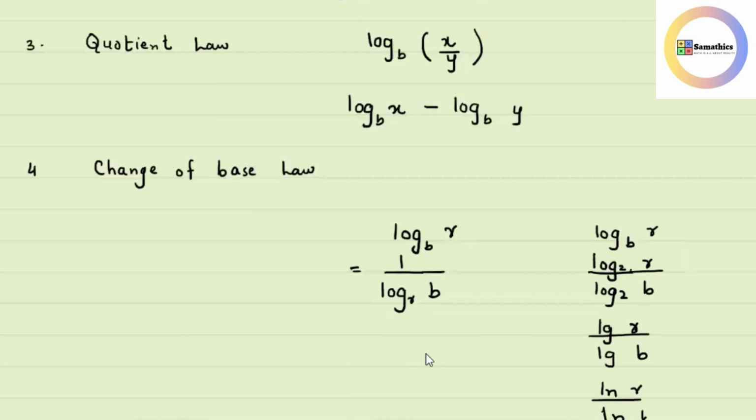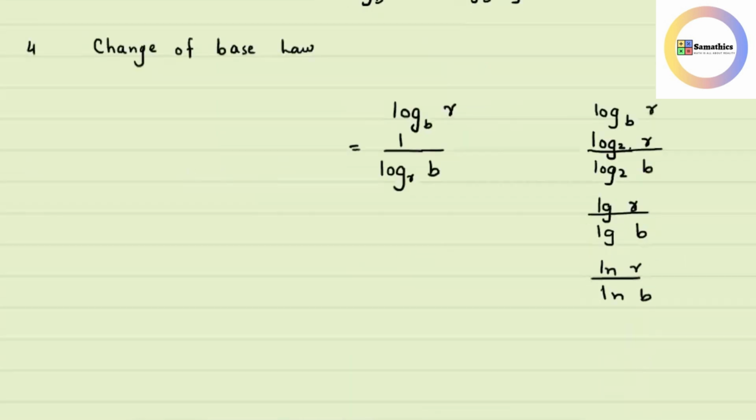You can write any base. You can write it as log to the base 5 of r upon log to the base 5 of b. So you can make the bases the same in this way, right? So this is the change of base law. Either you change it like this or like this. You write r in the numerator and b in the denominator and put any base over here.